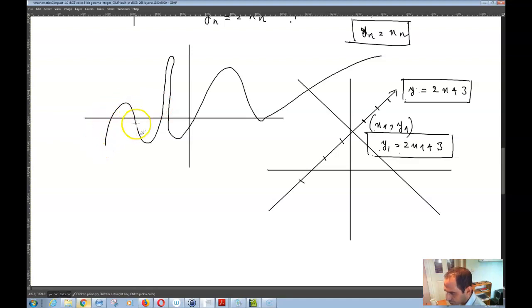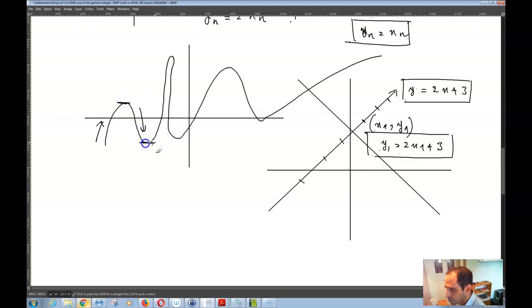But you see that over here there is no rule like this that you could say that this function is either increasing or decreasing. Over here it is increasing. Over here you come to a peak, a maximum, then over here you are decreasing.